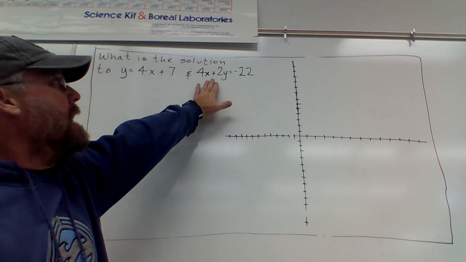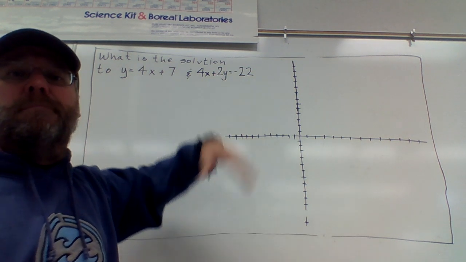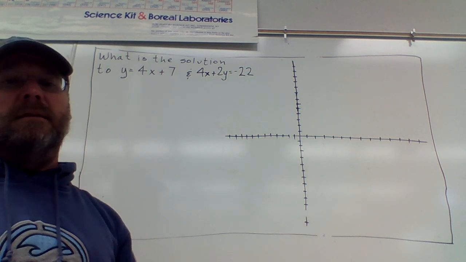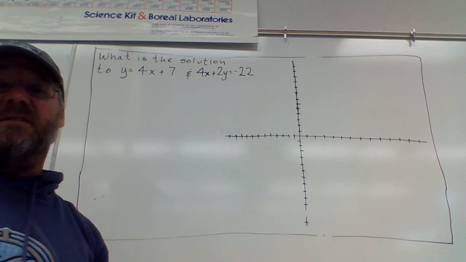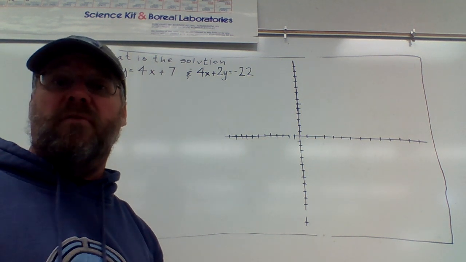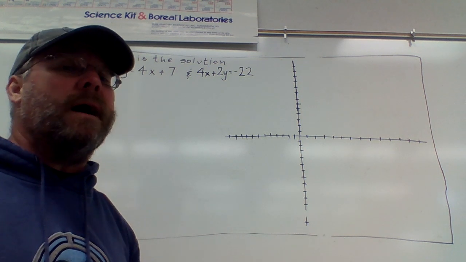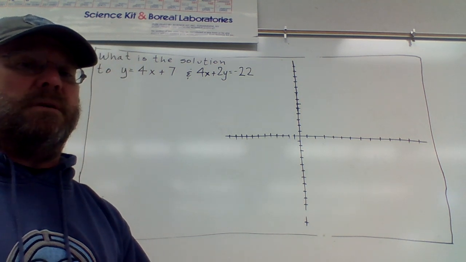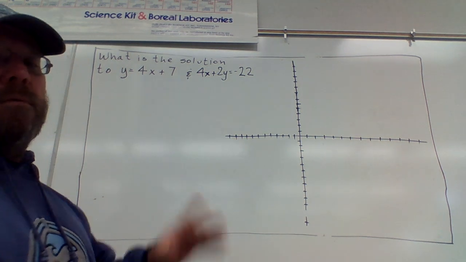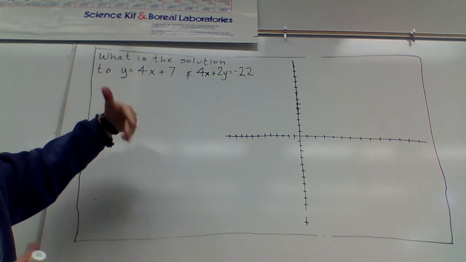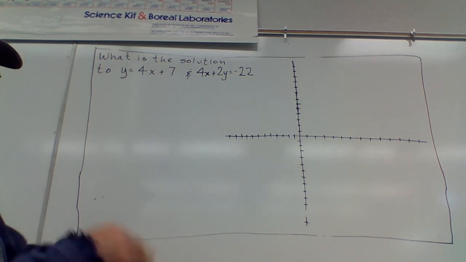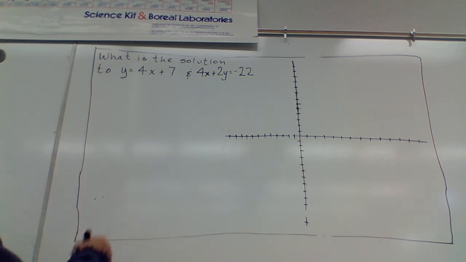This one, not so much, but what we've been working on in Unit 5 is to solve for y, which puts it in y equals mx plus b form. We'll do that in a second, but let's first graph this one using the techniques we learned just before the COVID break.